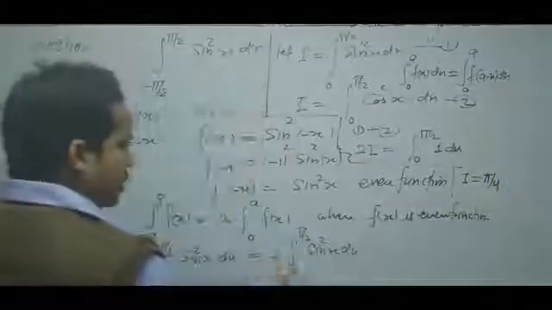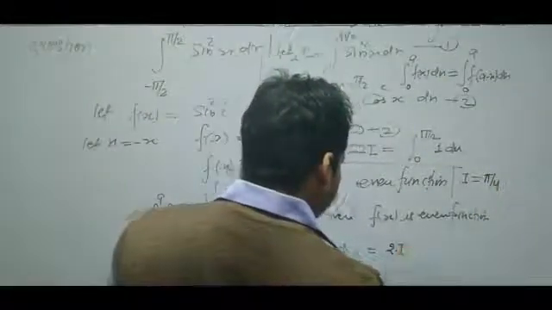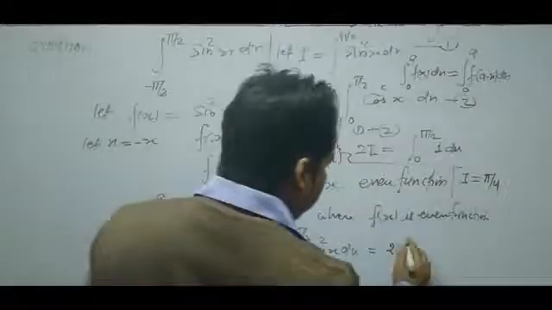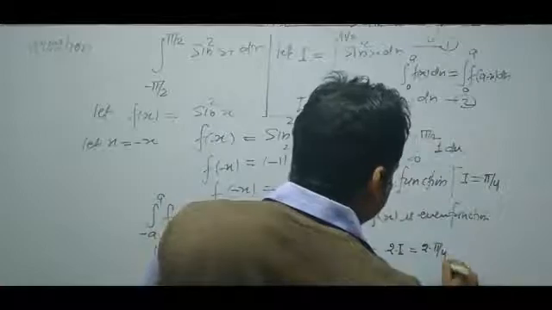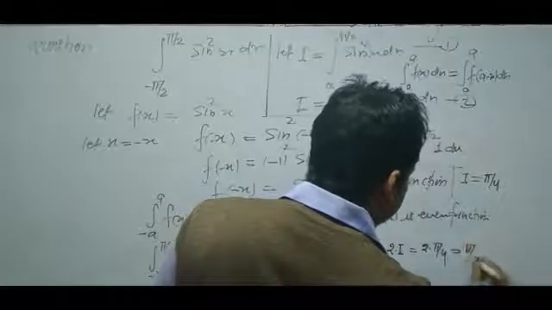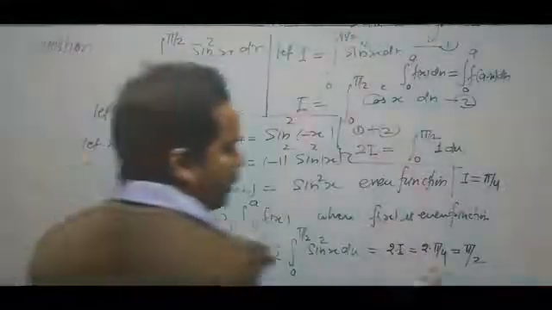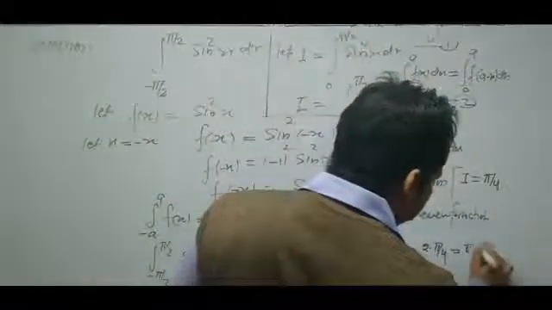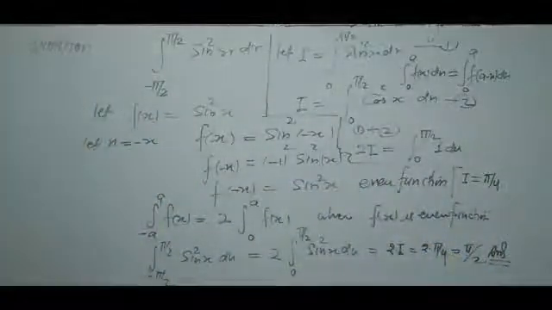Now when you put this, 2 times I, and I is pi by 4, so the result you will get is pi by 2. Now pi by 2 is the answer.